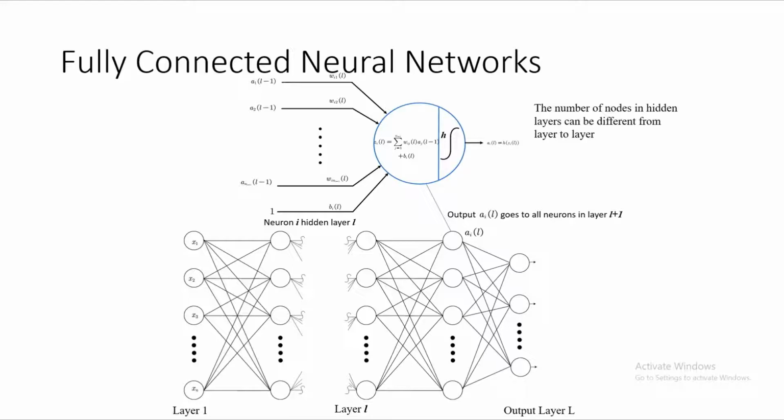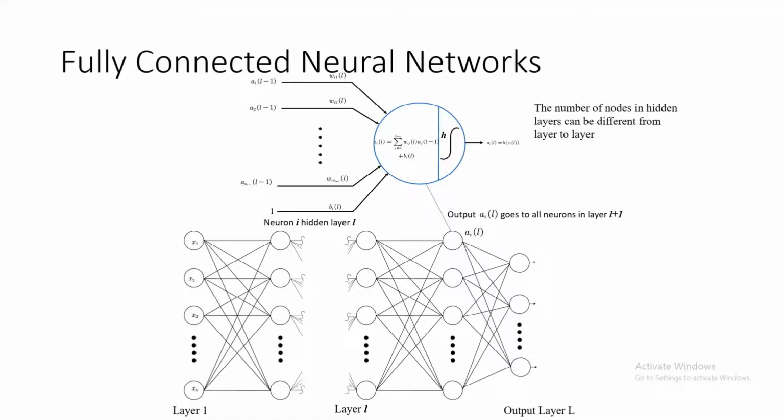This connects the output of neuron J to the input of neuron I.